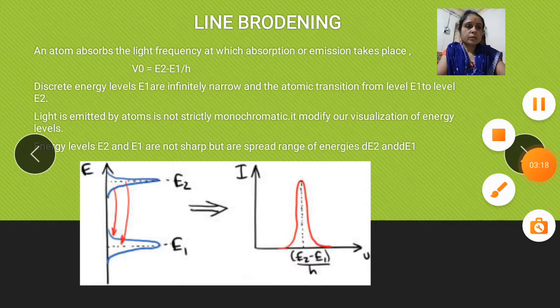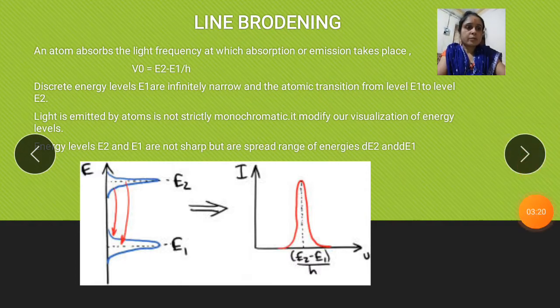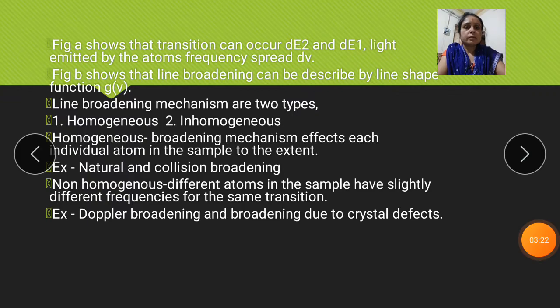So the transitions of light emitted are spread in frequency over a range d-nu. The figure shows that we can describe line broadening by the line shape function g of nu.